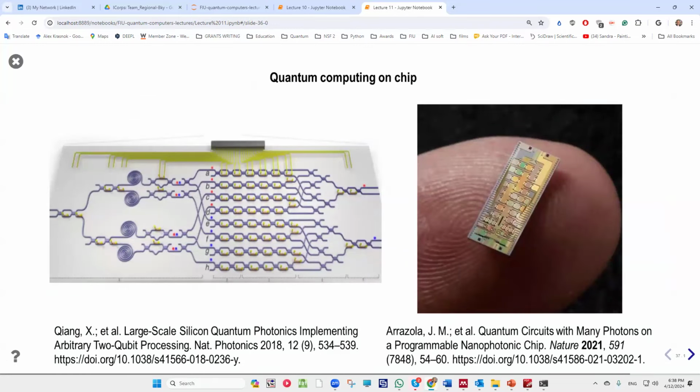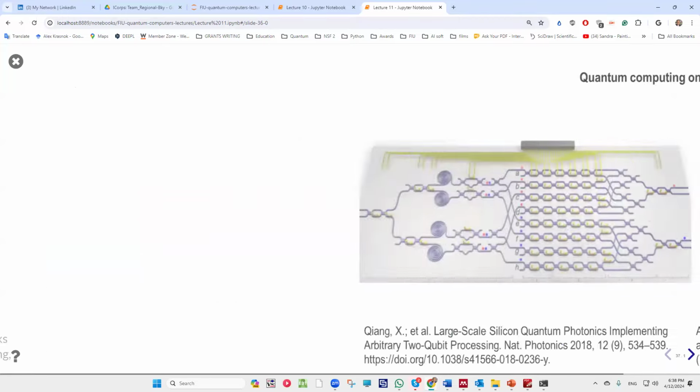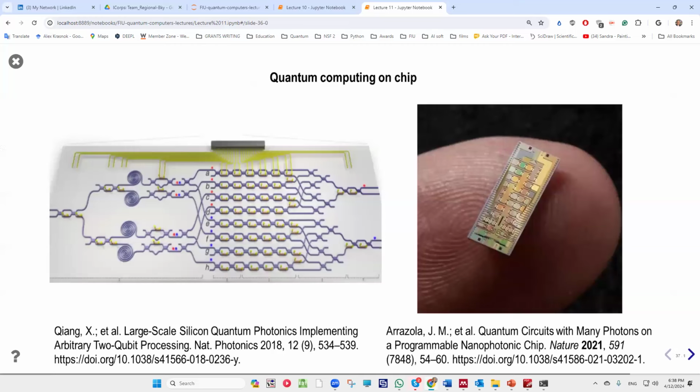The current state of the art and the current trend is to push a complex system like this onto the surface of a chip. When you scale down everything, typically nonlinear effects get stronger, and you can expect to achieve two-qubit gate functionality on the surface of a chip.